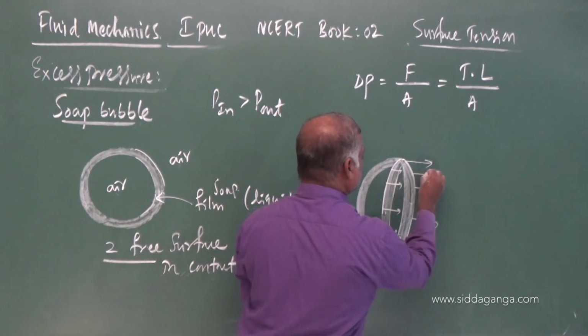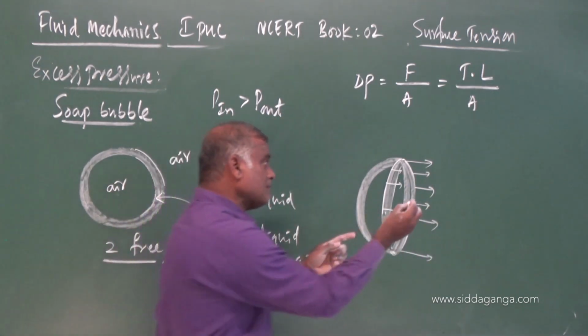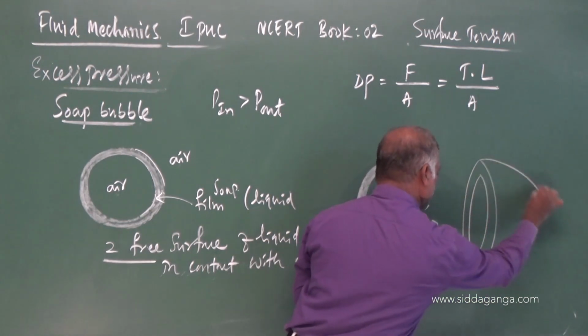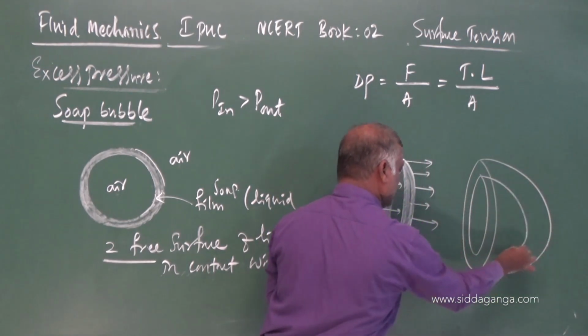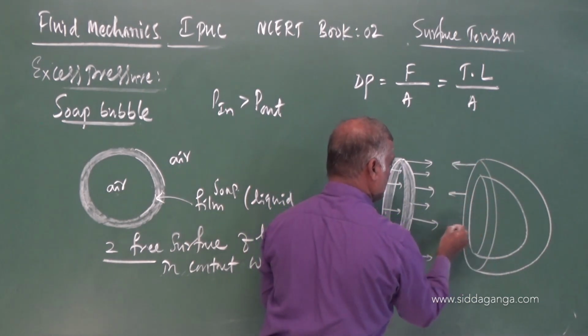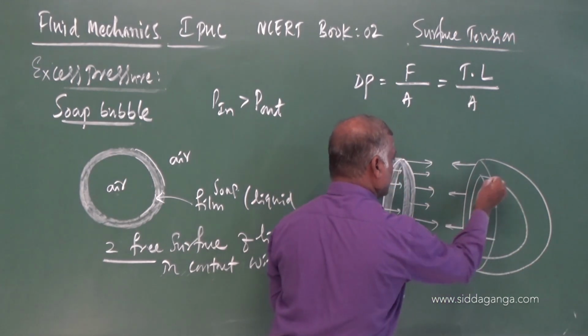Which acts tangent to the surface, free surface of fluid. This one on the outer surface of the fluid.